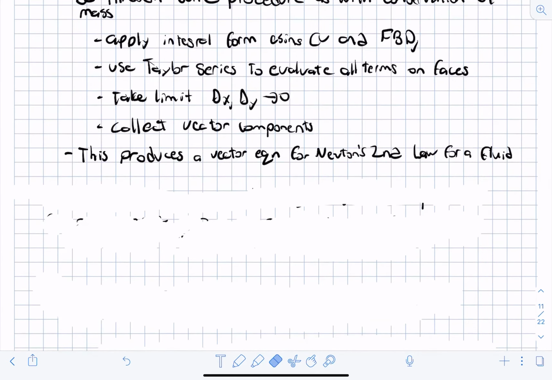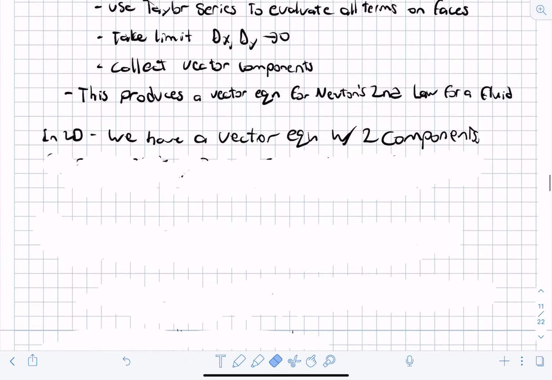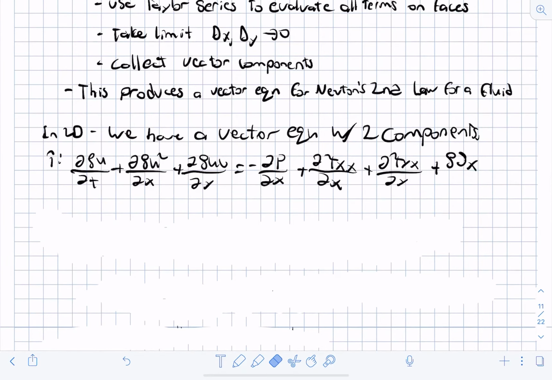So in 2D, we get two components. In general, these are three-dimensional equations, and they just grow longer and longer. Okay, and so in the x direction, or i hat, we have partial rho u partial t, plus partial rho u squared partial x, plus partial rho u v partial y, minus partial p partial x, plus partial tau xx partial x, plus partial tau yx partial y, plus rho gx.